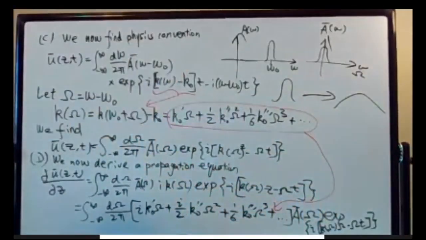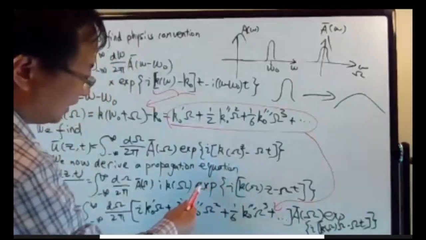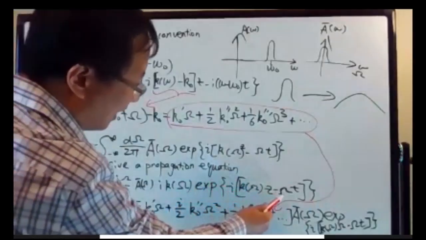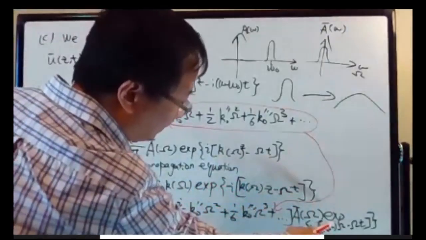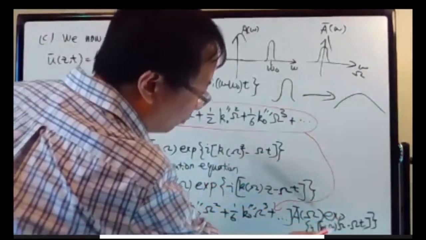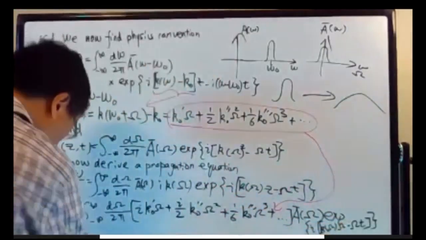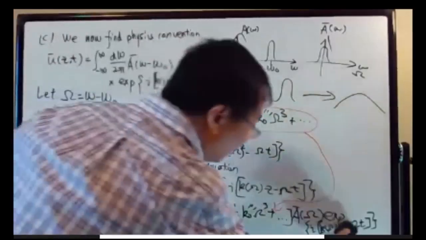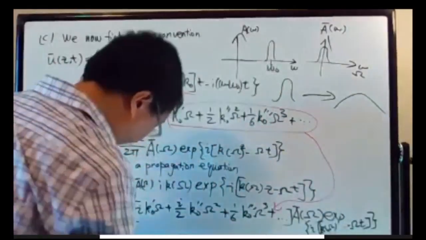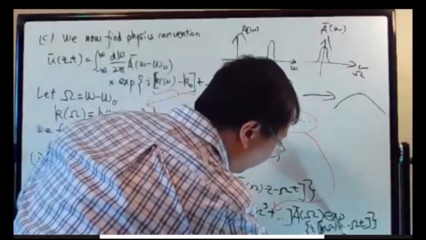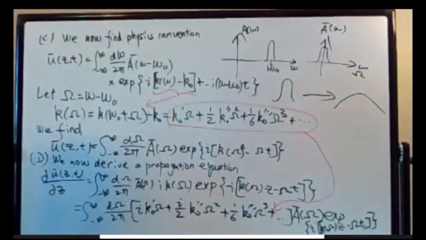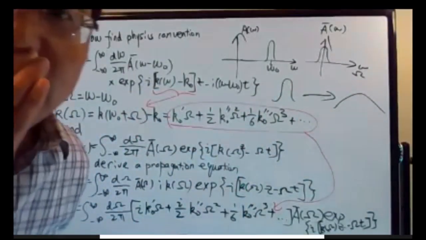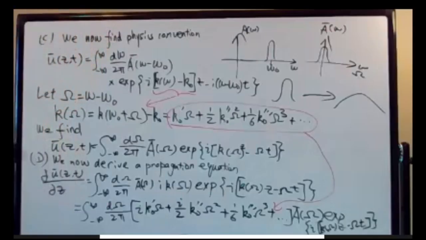And then the remaining piece, the exponential i k omega, this should be z and this should be t, i k omega z minus omega t. So it's just a copy. Apologies, it's in the corner, but you should be able to see it. Questions?